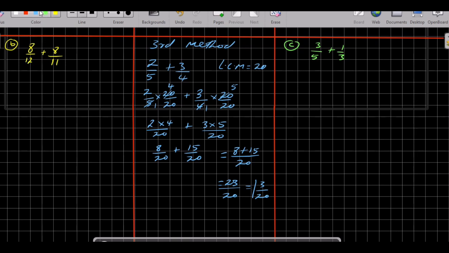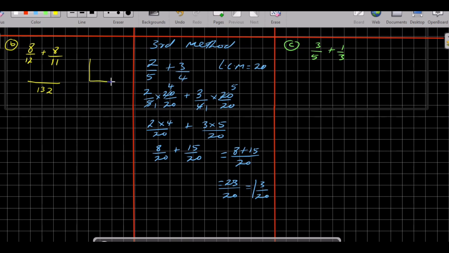So what do we need to do? Don't forget, you find your LCM, and the LCM here is going to give us 132. That is the LCM of the numbers here. That's 12 times 11. 12 times 11 will give you 132. Let's check it out. Let me use this method for you.